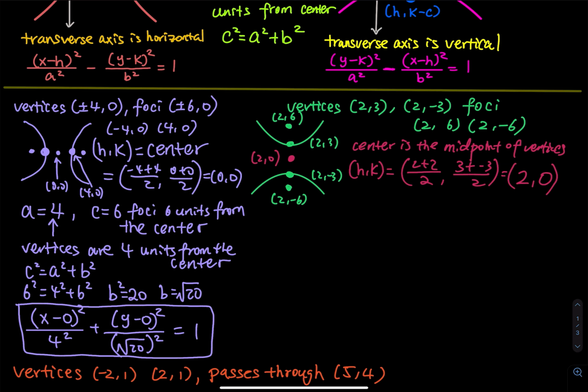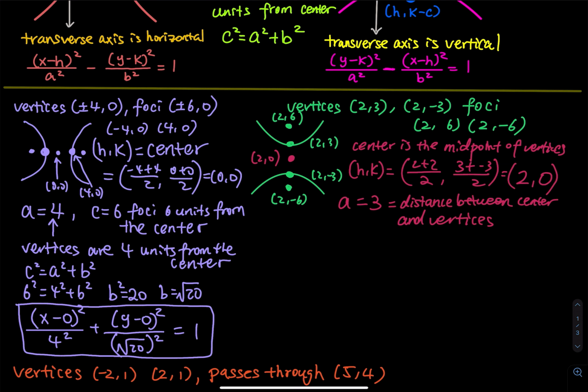And then how about a, b, and c? So what is a? a is the distance between the center and the vertices. Then a is equal to 3, and this is the distance between center and vertices.